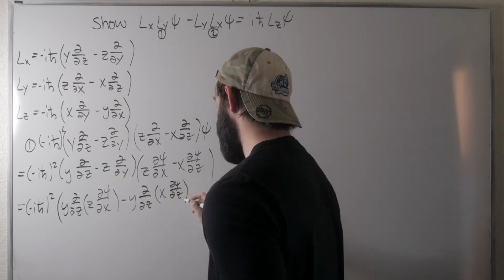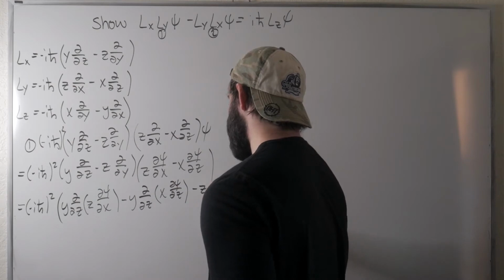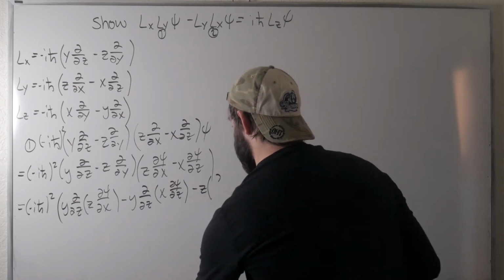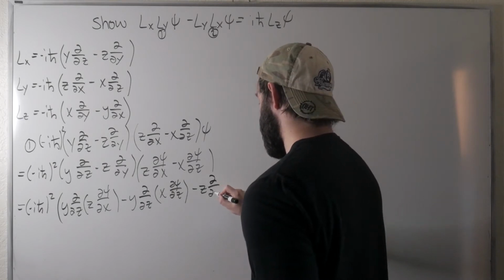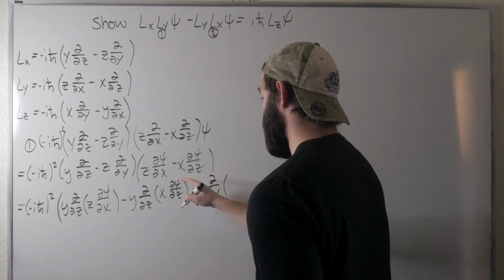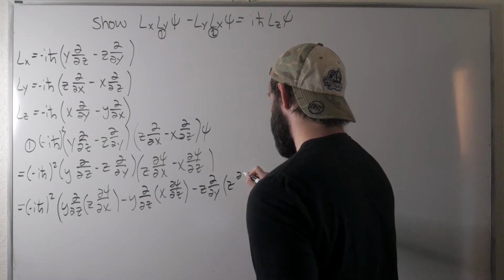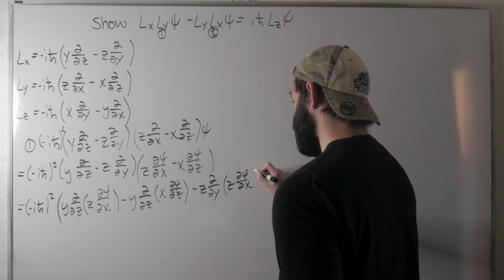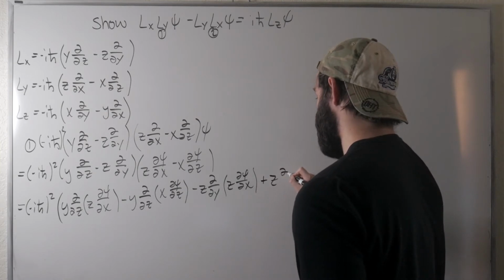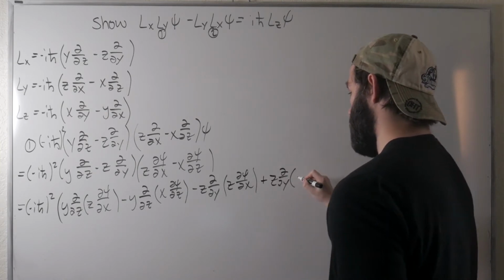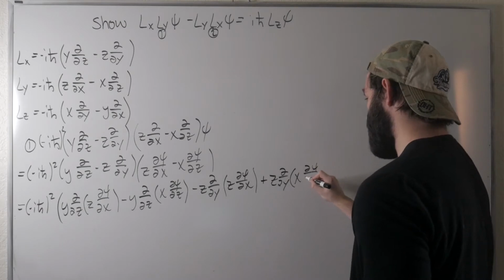Then we have these inner terms, minus z d dy of z d psi dx, and then a plus z d dy of x d psi dz.